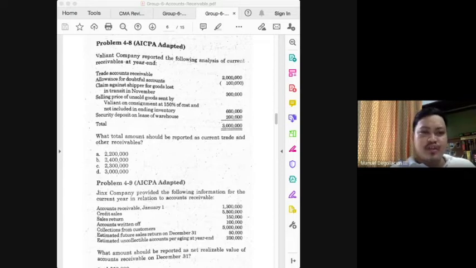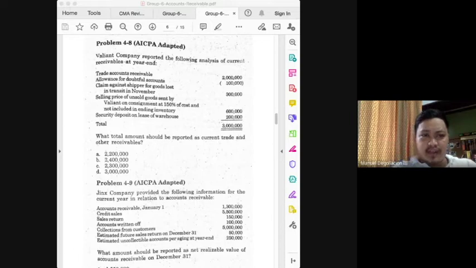The first question here is what total amount should be reported as current trade and other receivables. So basically, what we are being asked here is to identify the items that can be classified as a current asset, as a current receivable.